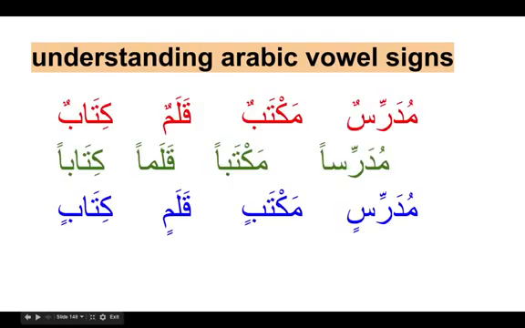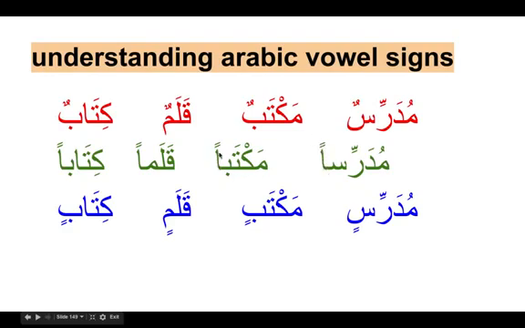So for double dhamma, we write normally mudarrisun on the top of the letter, maktabun top of the letter. If you see double kasra, mudarrisin below the letter, maktabin below the letter. But if you notice here, there's something different happening. For mudarrisan, the double fatha is always written on an alif.